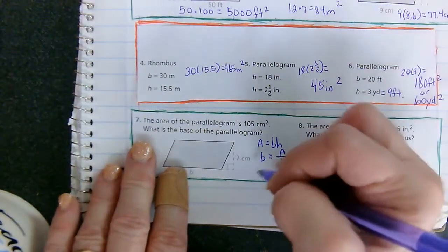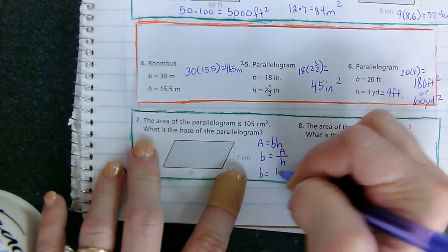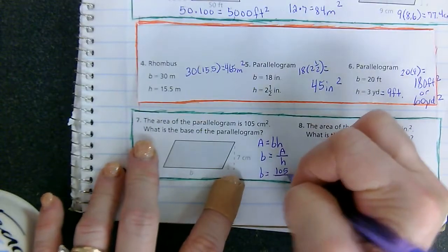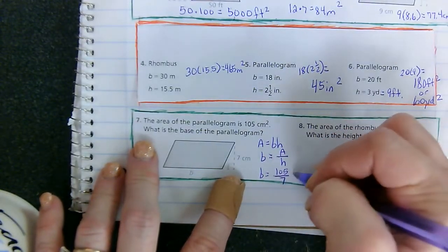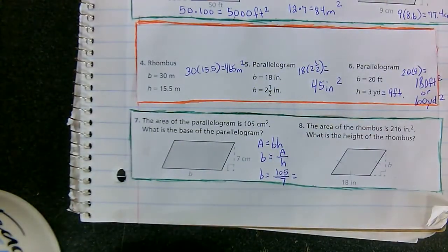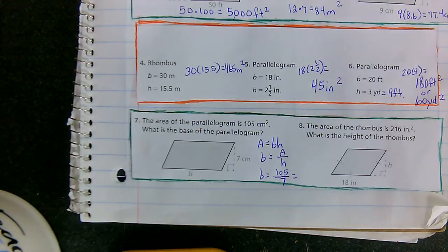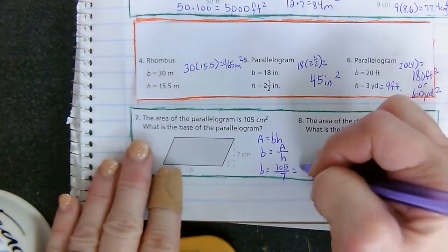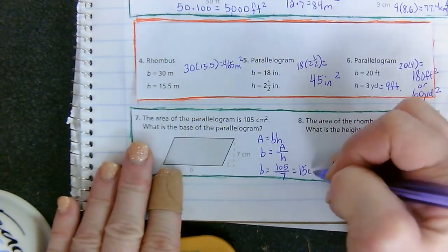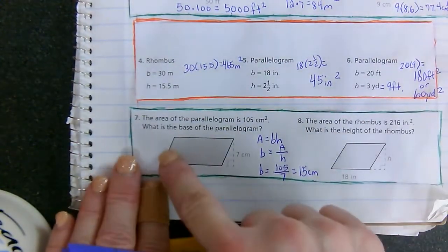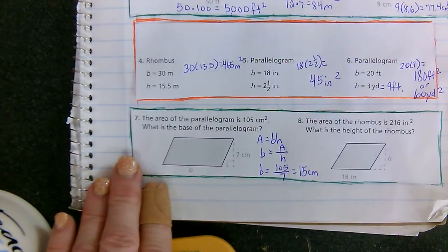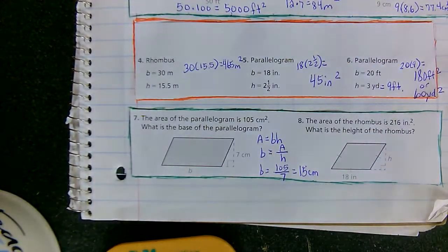So that would be base is equal to 105 divided by the height of 7. And so you would just do 105 divided by 7, and that is 15. And it's only 15 centimeters because we're doing distance of a side. B equals 15 centimeters.